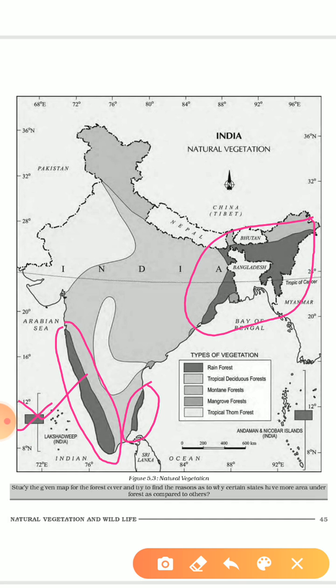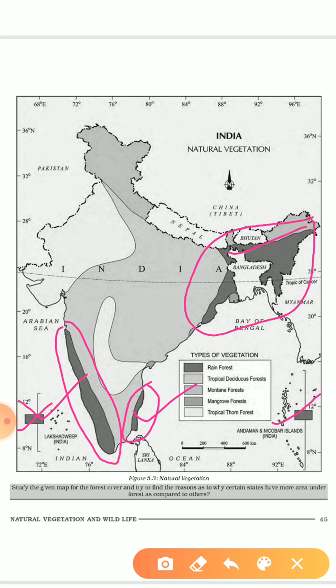See here, these islands and these islands, they both are shown on the map. Then Andaman Nicobar Islands and the Lakshadweep Islands, upper parts of Assam and Tamil Nadu coast. Tamil Nadu coast is this one, upper part of Assam is this one, right?